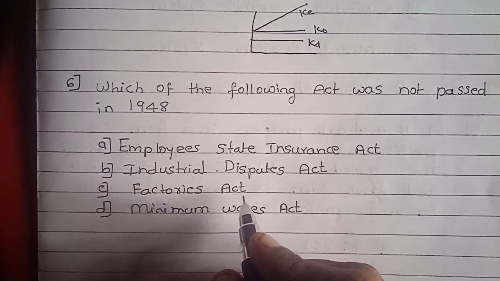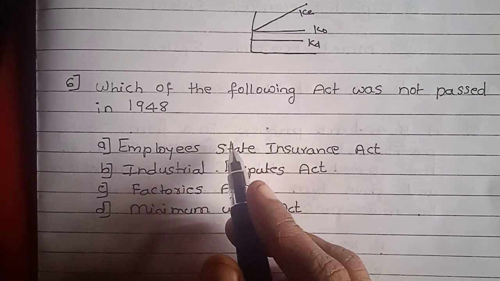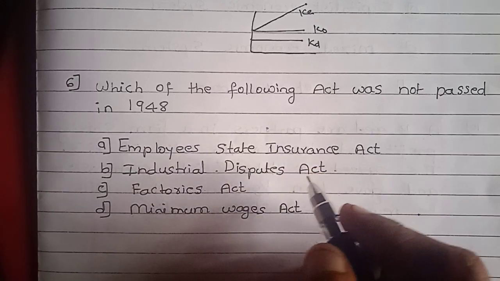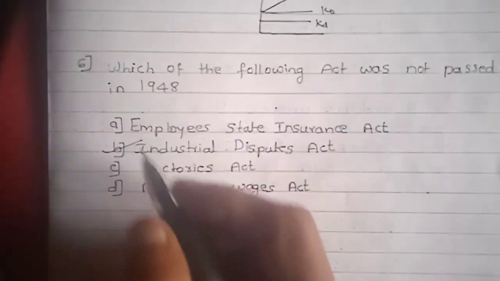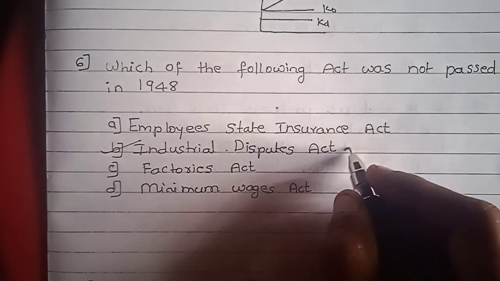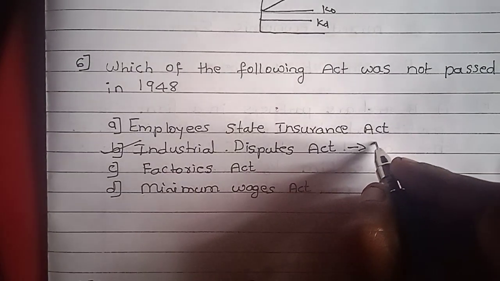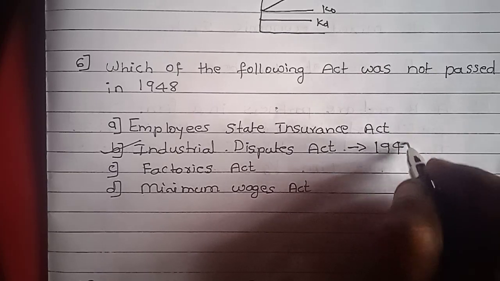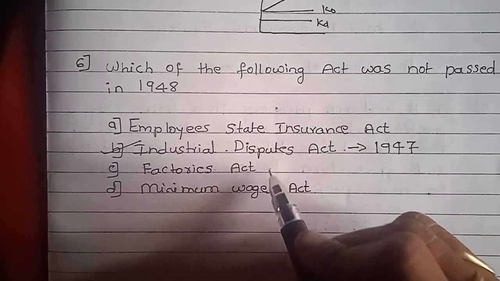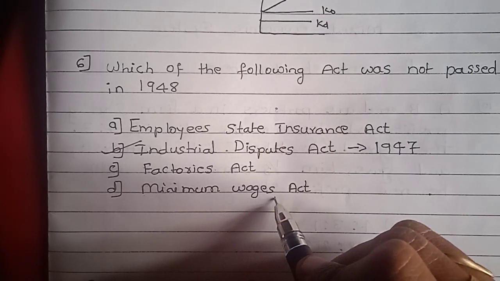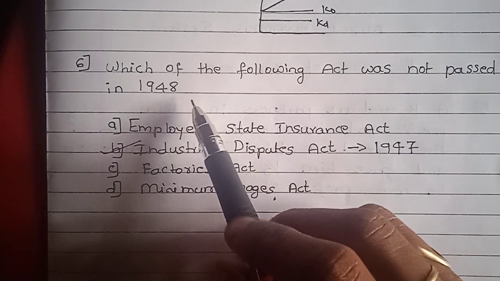In the 4 options, one was not passed in 1948. The Industrial Disputes Act was not passed in 1948. It was passed in the year 1947. So these three, Employee State Insurance Act, Factories Act, Minimum Wages Act, were passed in the year 1948.